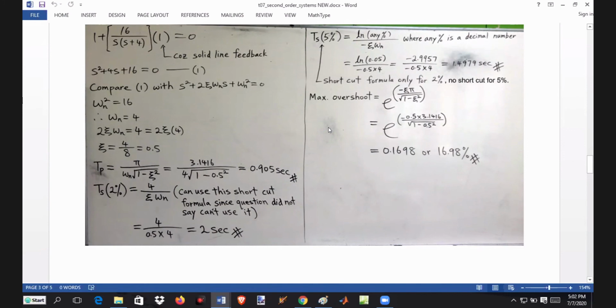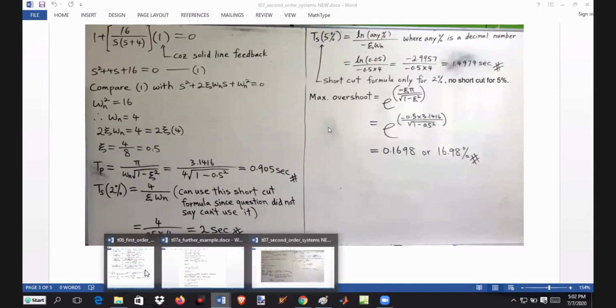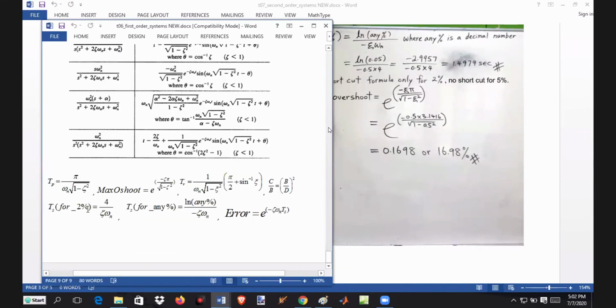Then the 2% error, now how to get the error formula? You don't worry, go back to the page I showed you. The error formula for 2% is a shortcut like this. Sometimes this shortcut answer is only approximate. You can only use the shortcut for 2%.